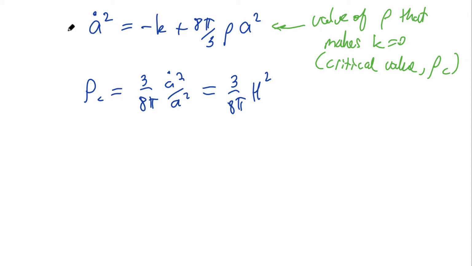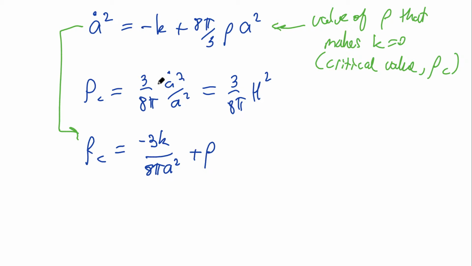Now with this definition we can rewrite the Friedmann equation as rho sub c equals minus 3k over 8 pi a squared plus rho. So all I've done is I've multiplied this equation by 3 over 8 pi and also divided through by a squared.